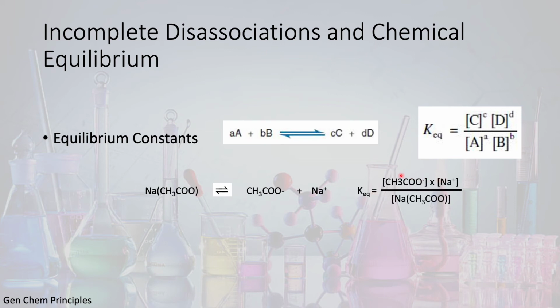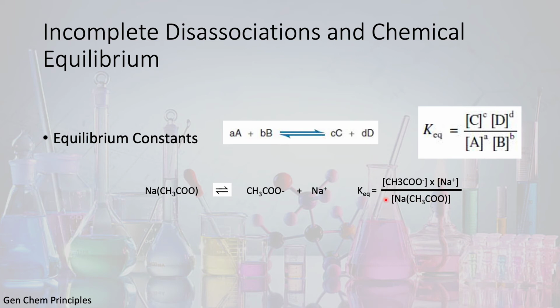We have our two products. Here the concentration of our acetate ion with an exponent of 1, because that's what our coefficient in this balanced chemical equation is, multiplied by the concentration of sodium ions raised to the power of 1, again because that's our coefficient. So concentration of our products multiplied by each other divided by the concentration of our reactant.